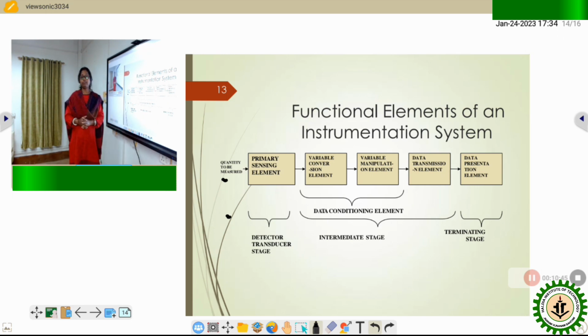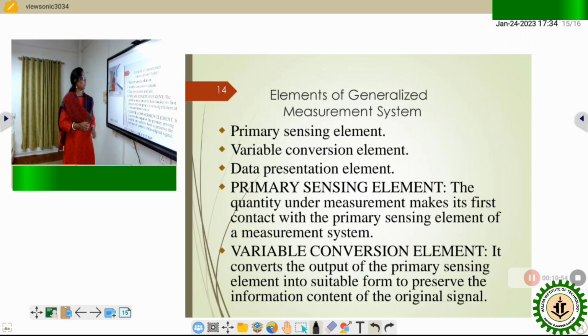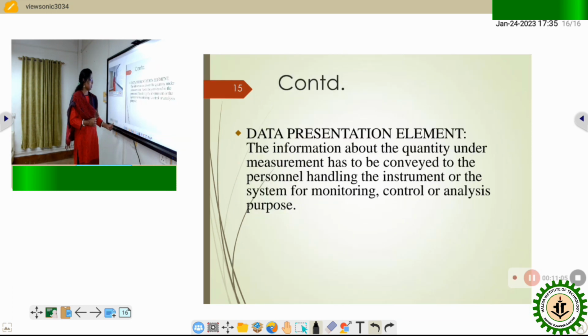Any instrumentation system has all these blocks. Over here, this is the general description of the different functions of these elemental blocks.